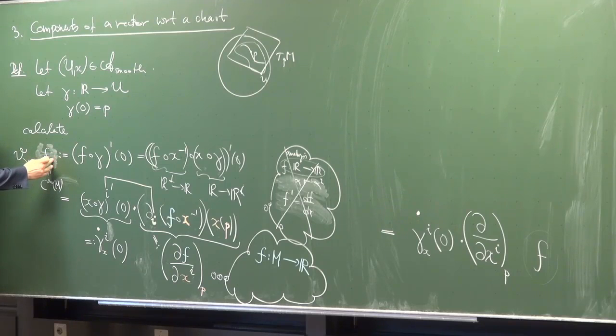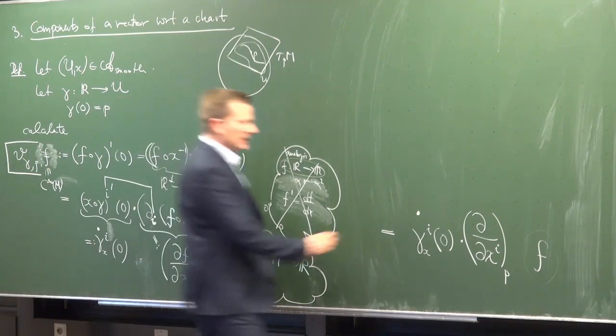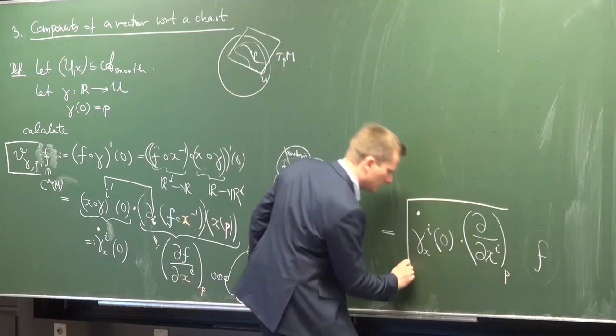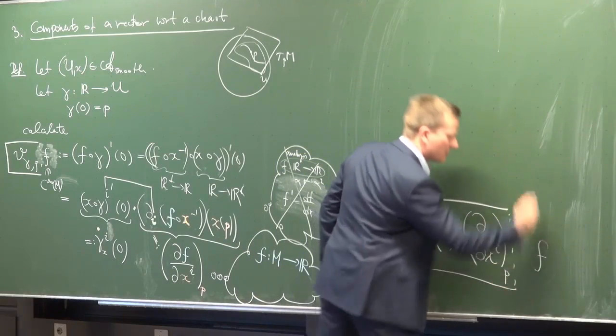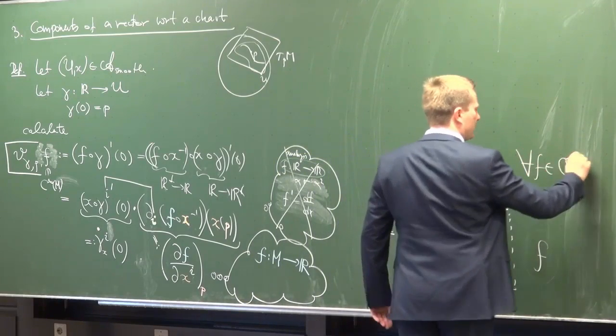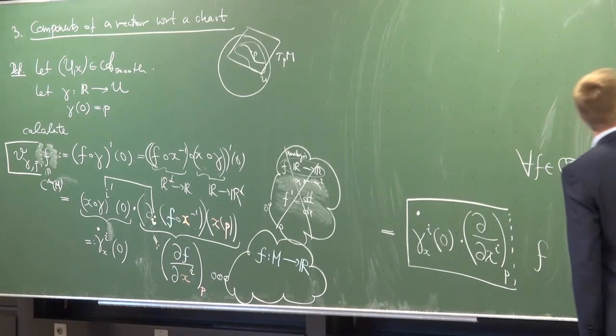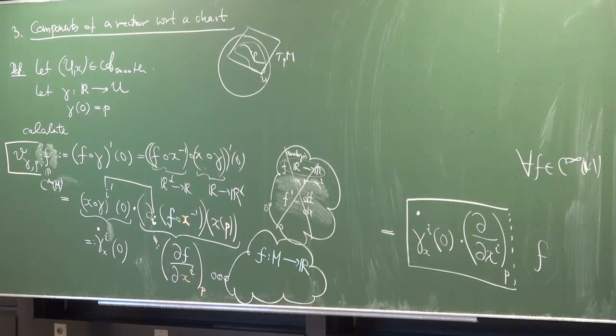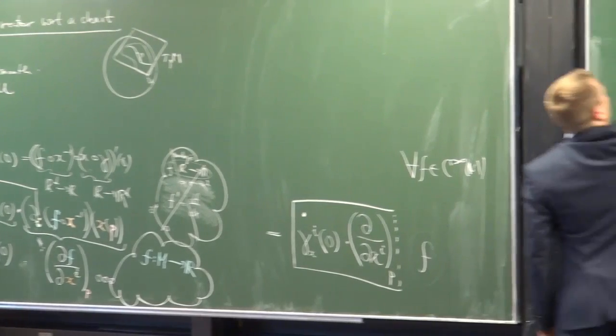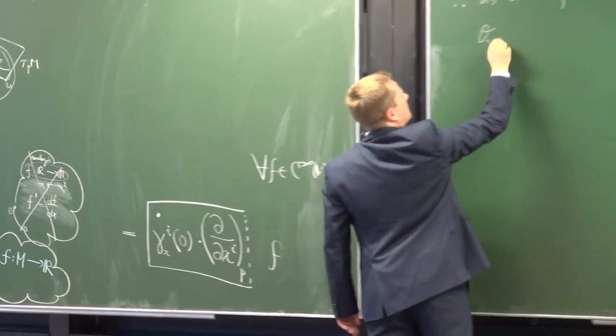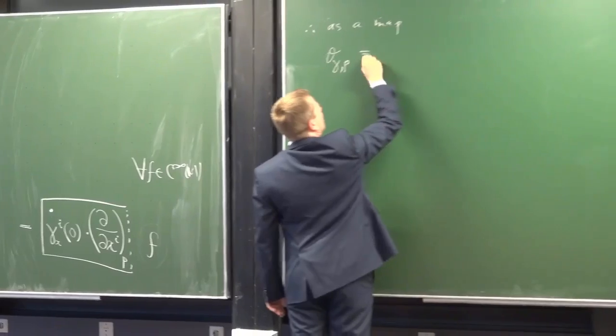It's tradition, because then it's even simpler to look at just this bit of the equation and this bit, because this is true for all f in C infinity of M. So as maps, as a map, which this object is, it's equal to, if you use a chart.